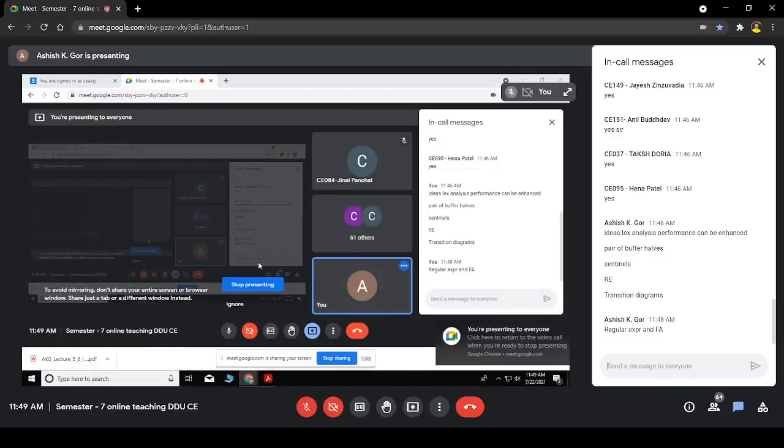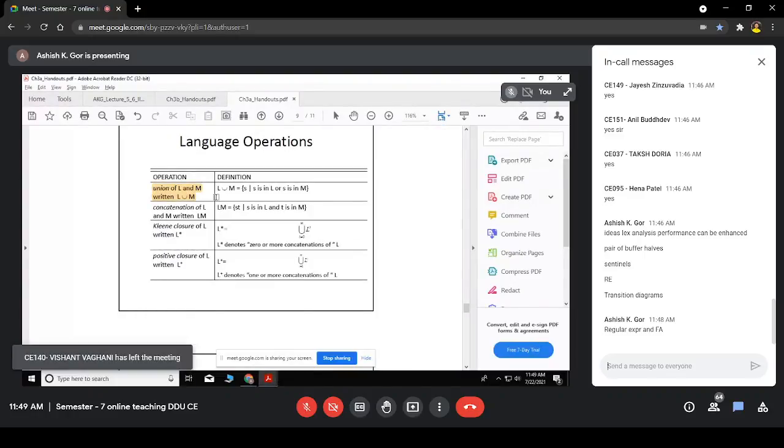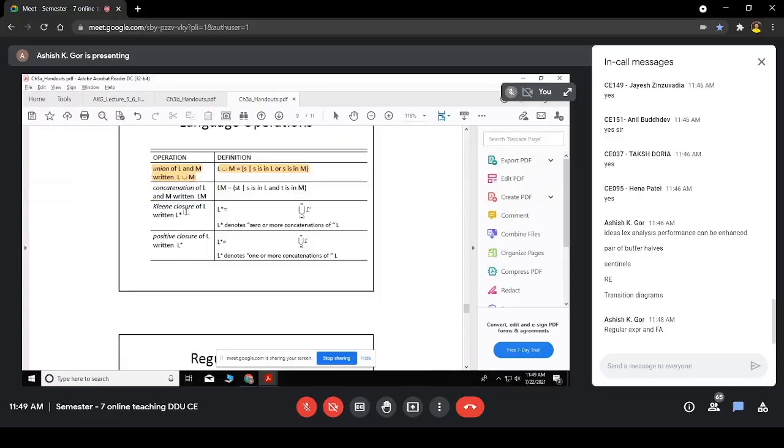You know that for two languages L and M, you can take the union, the set of all strings in both languages. Concatenation is a little bit different. Then Kleene star: L star means 0 or more times. Positive closure, L plus, means 1 or more times.